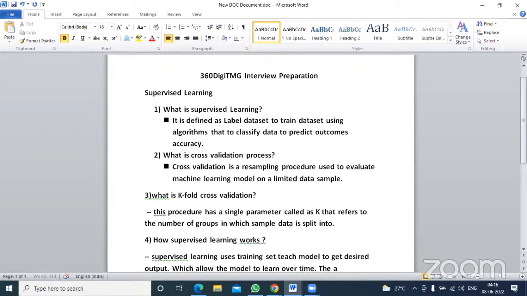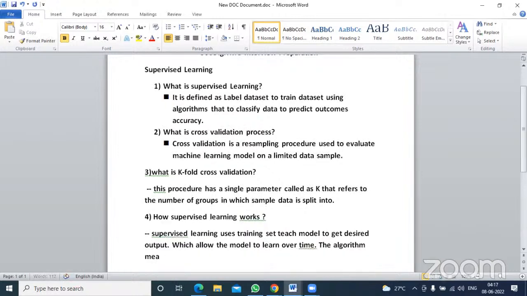And then the algorithm measures its accuracy through the loss function. We all know what a loss function is.